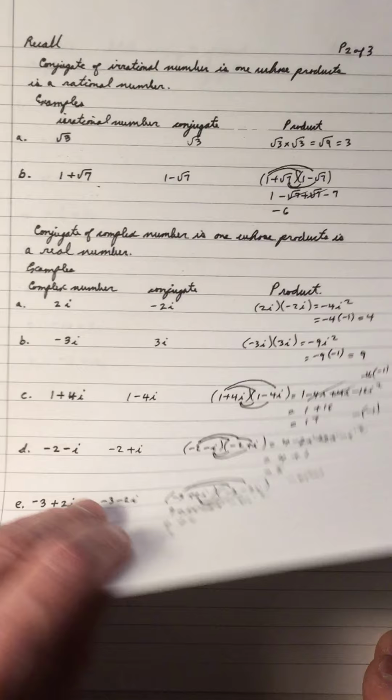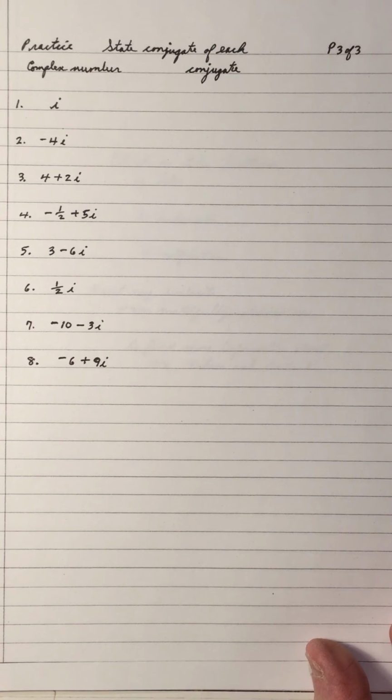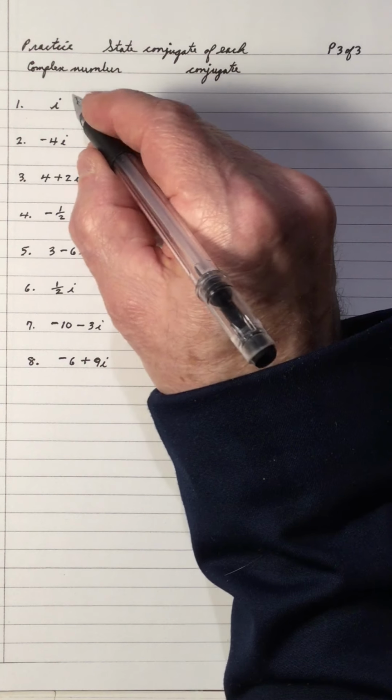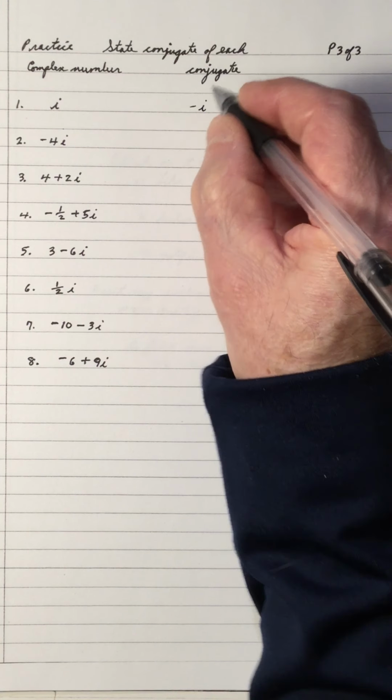Okay, let's continue. Knowing that, in conjugates, if it's a monomial, you just change the sign. And if it's a binomial, we change the sign of the last term, not the first one. State the conjugate of each. The complex number is i, so its conjugate is negative i.